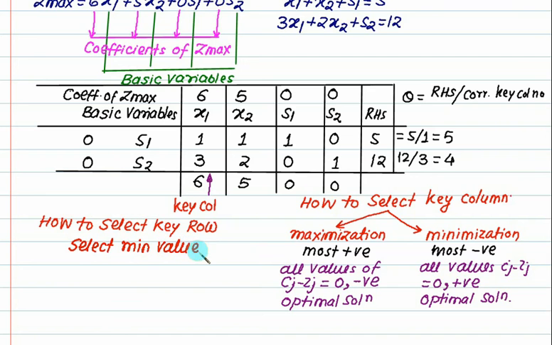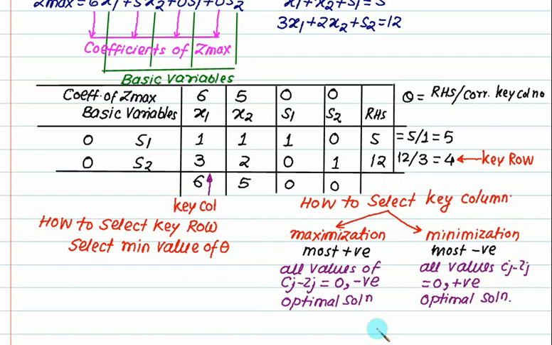That is called the key row. Is row 1 the key row or row 2? Row 2 is the key row.